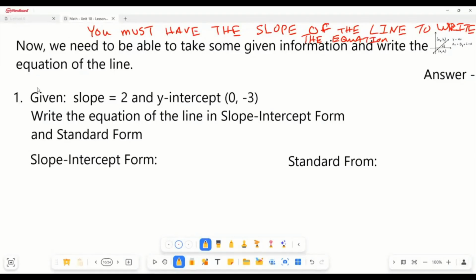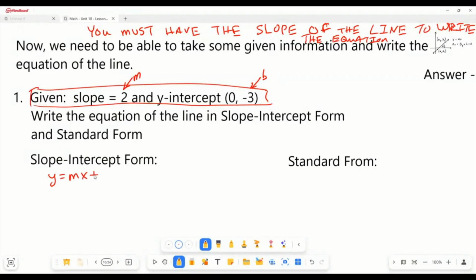We are given that the slope is 2 and the y-intercept is (0, -3). When we are given the slope and the intercept, this is m, this is b. Slope-intercept form is y equals mx plus b.